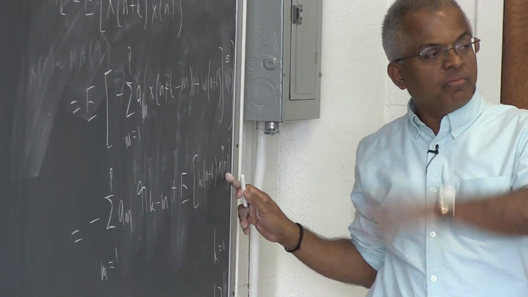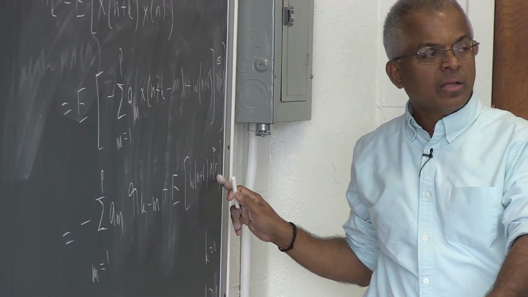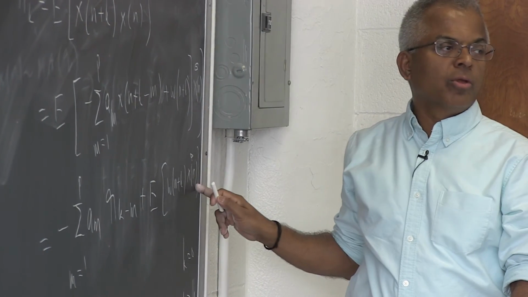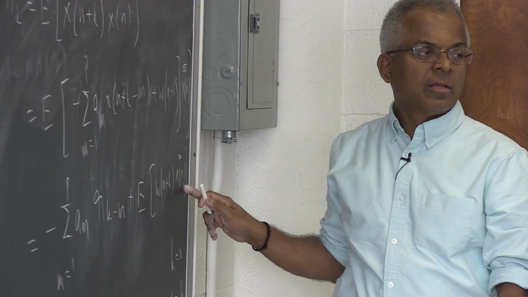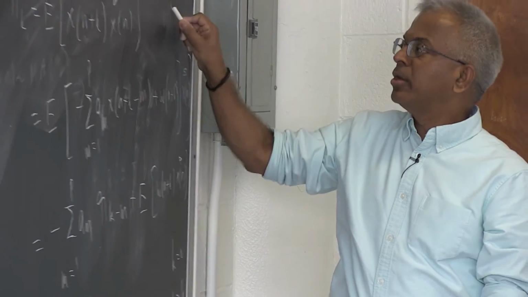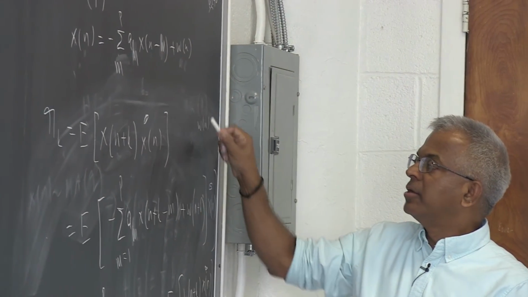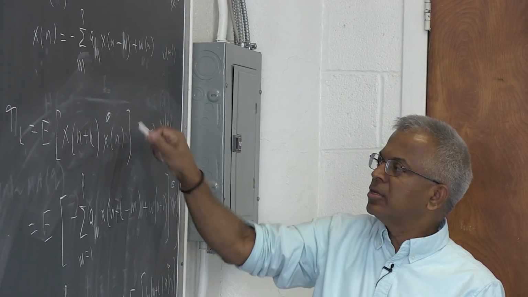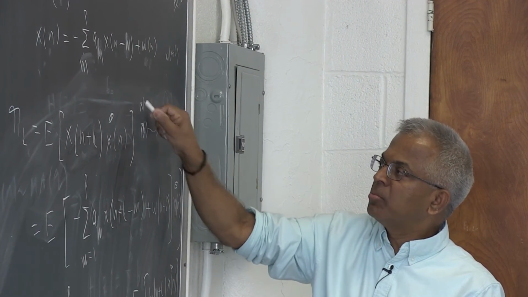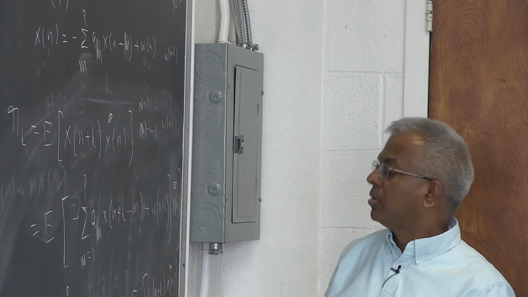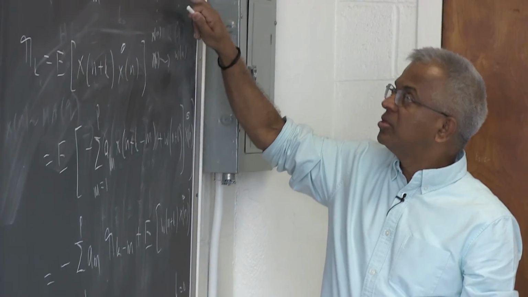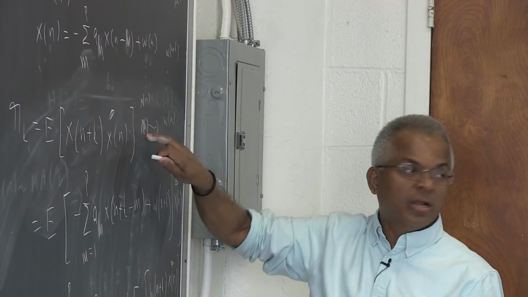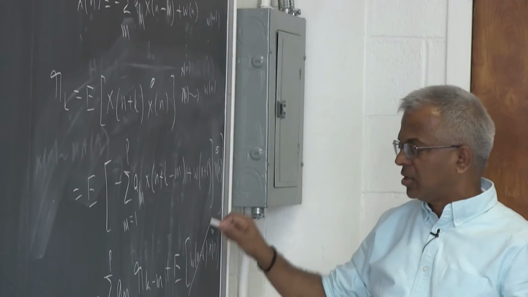So x_n has already happened some time back, and what is going to come in the future is not going to affect this. In terms of time, w_{n+k} is going to come later, and x_n is already here. So this is certainly uncorrelated with this, so this term is 0.